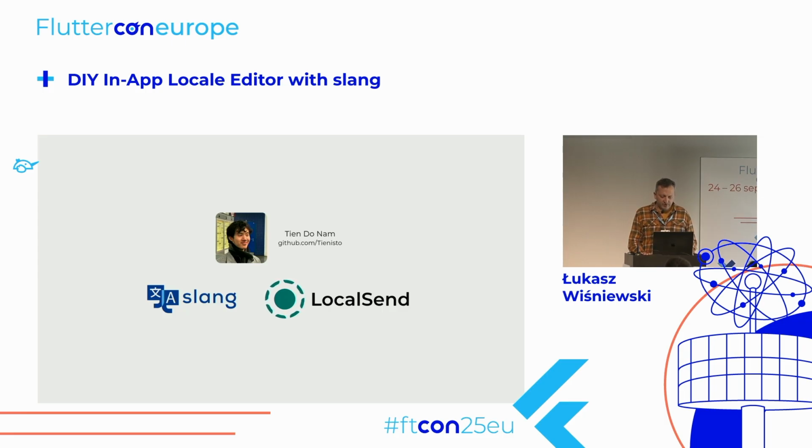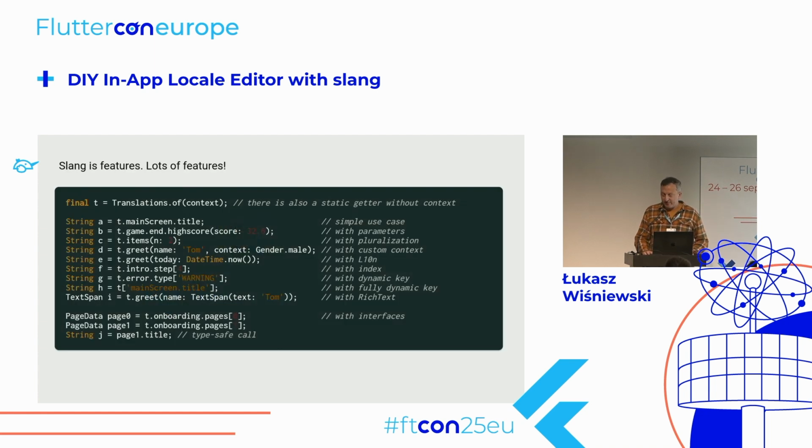He also wrote LocalSend, which is an AirDrop equivalent powered by Flutter and Rust. Back to Slang, it has a lot of features. Also extensive documentation, and I think about 4 different ways to set it up inside your app.